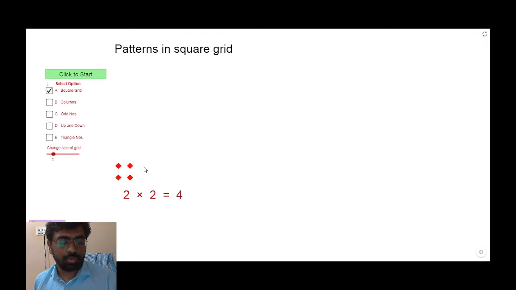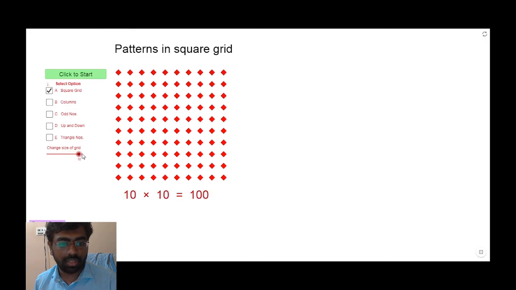If it is 2 square, then you have to connect 2 sets of dots, which is 4, right? If I make it 3, then it will be 3 square, 3 columns, which is 3 dots. You can either color the dots or connect the dots. 4, 5, 6, 7, 8, 9, 10.